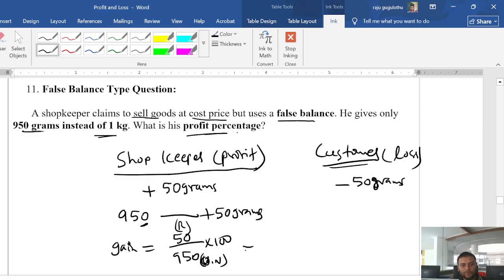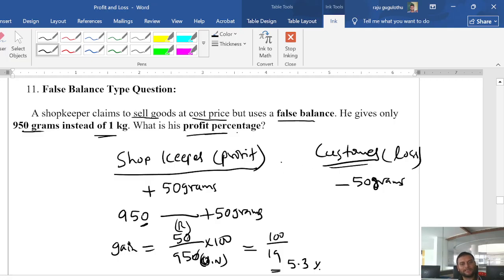So this is 5000 by 950, that is 100 by 19, which is about 5.3 percent. This is the percentage profit the shopkeeper is going to have.